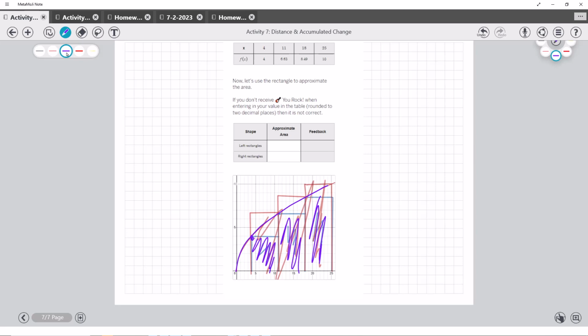I would start at this first value, and I would add all of those up, and I would multiply by 7, because the change in x, remember my change in x equals 7. So I would take 7 times, this is where you could do each one, but I tend to add them. I think it's easier to do it like this, plus 8.49.